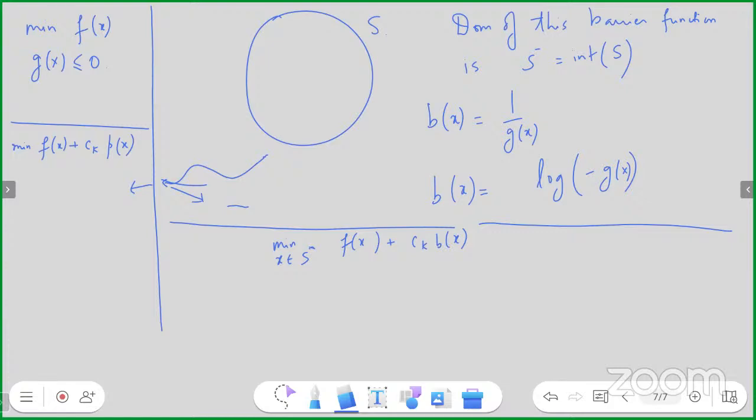You somehow have to ensure that what you're doing remains within the boundary, because the function is not even defined outside. It turns out that there are ways to get away from this for special functions. For arbitrary functions, somehow you have to ensure this. If you have what is called a self-concordant barrier, you can get back. So for the moment, assume that you can do this.